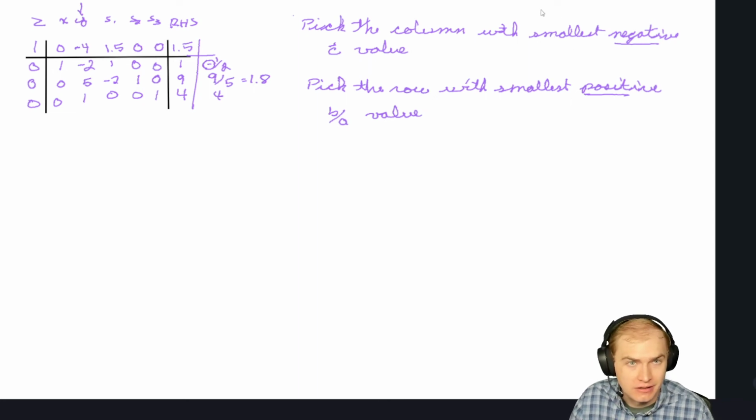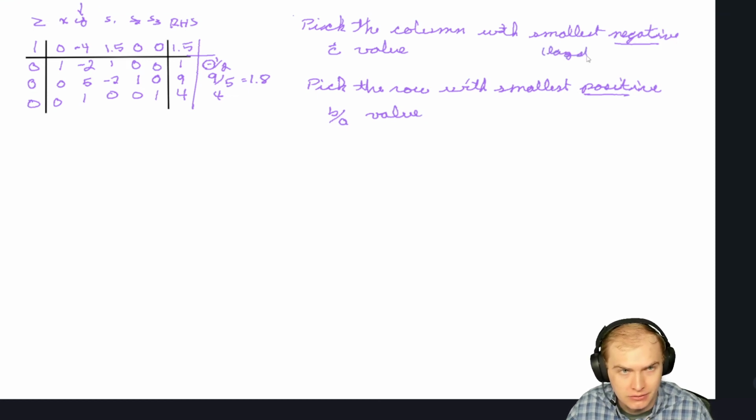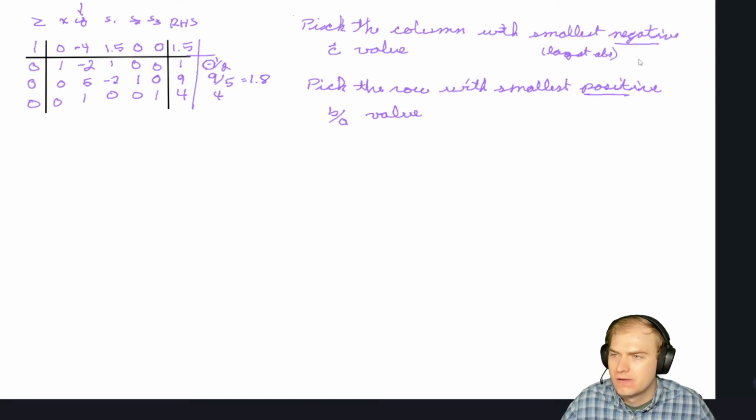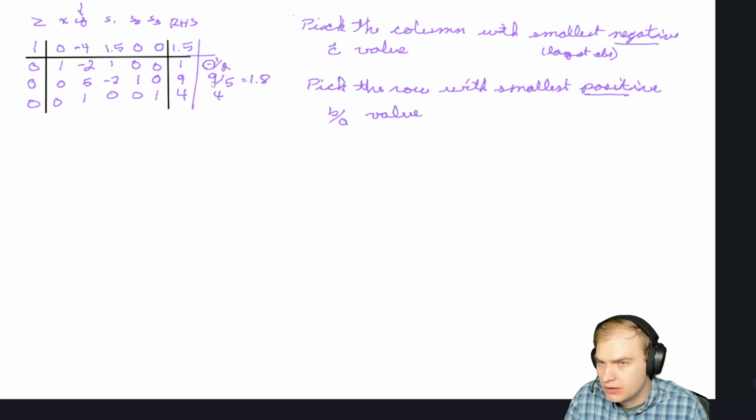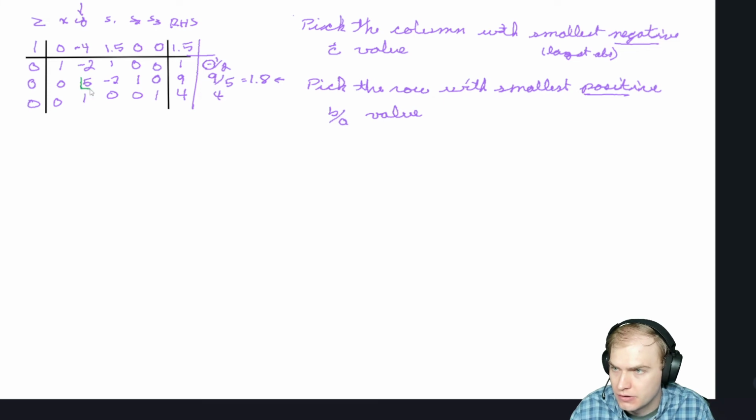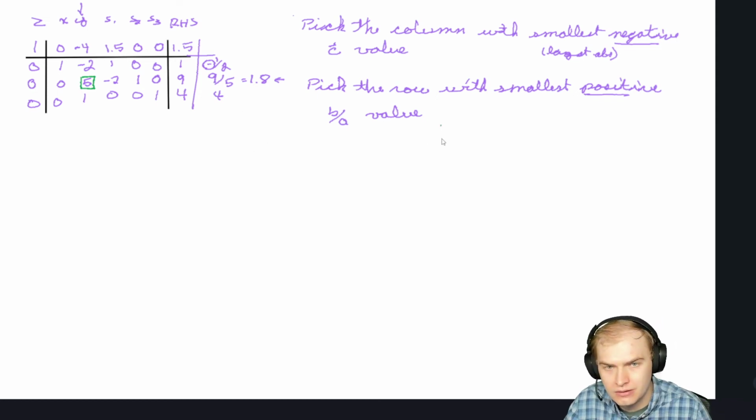And of course, smallest negative means it's the same as largest absolute value. So for this one, we pick this row, which corresponds to S2. So we're going to pivot on this entry, which happens to be Y in, S2 out.